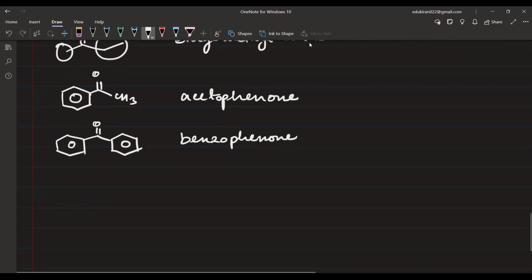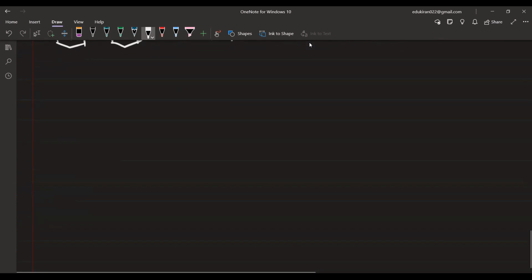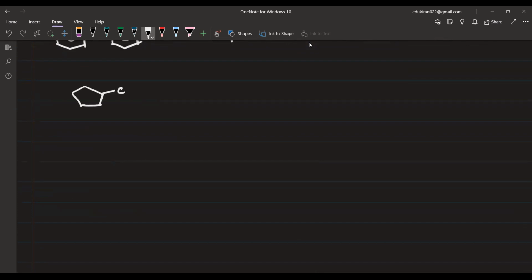There is one structure that I want to tell you. If you have something like this, then this is the functional group here. This functional group is carbaldehyde, and it has a substituent that is cyclopentane.